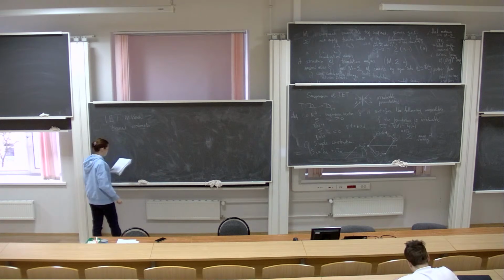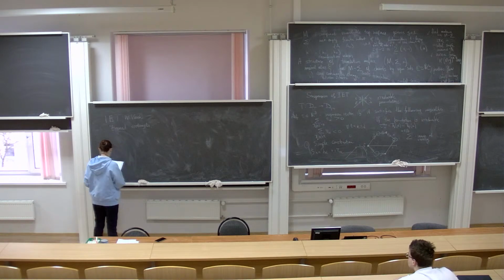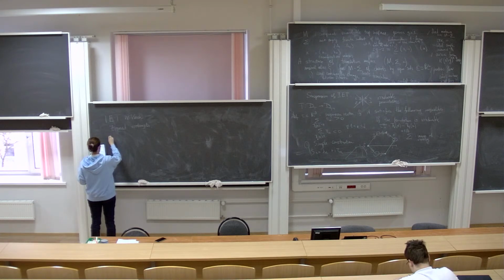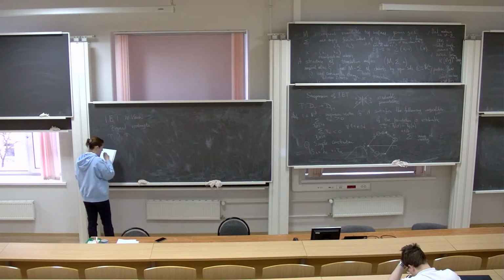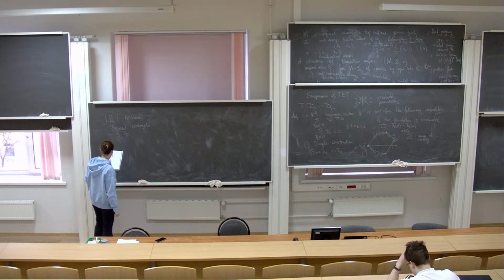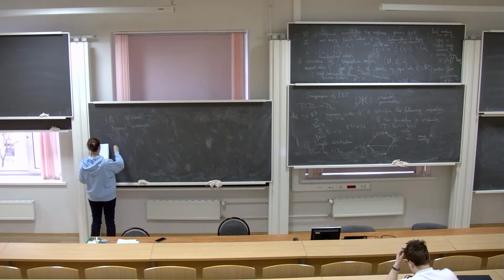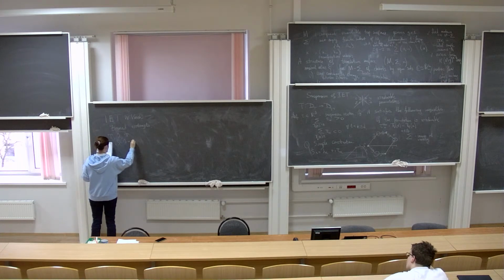I will write a lot, but then I will make a picture that hopefully will make it more explicit and illustrative for you. So we start with the interval exchange transformation with its vector of lengths and permutation. And as before, we want to define tau and zeta, which is lambda plus i tau.